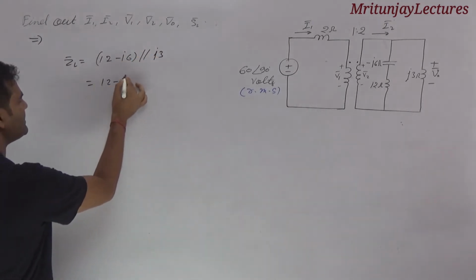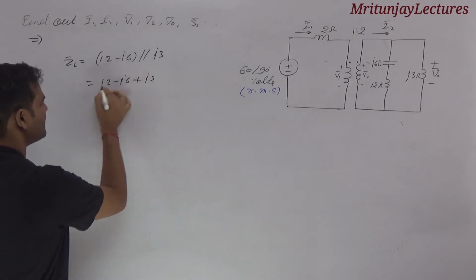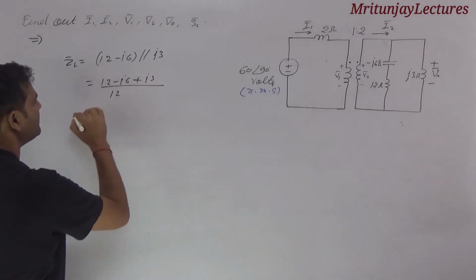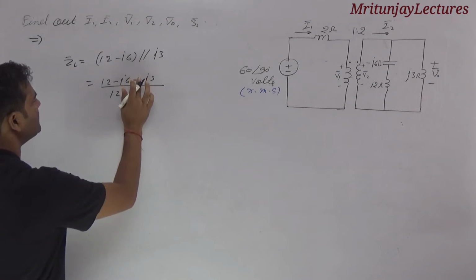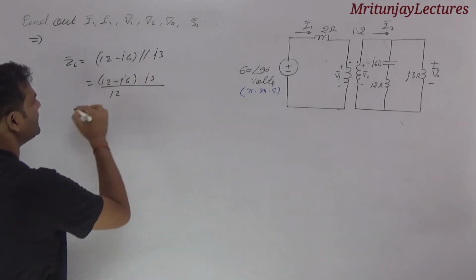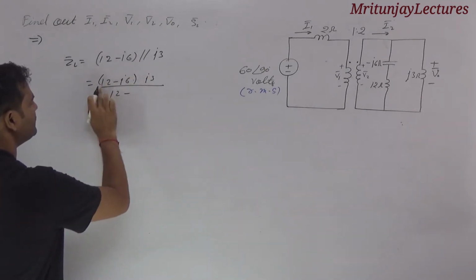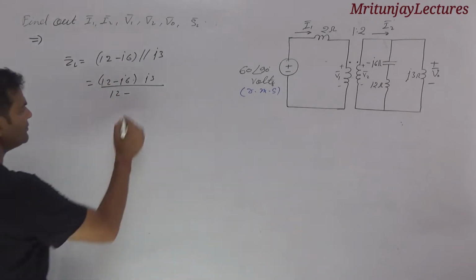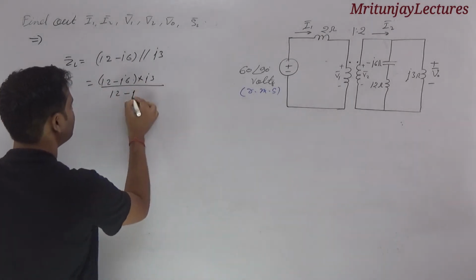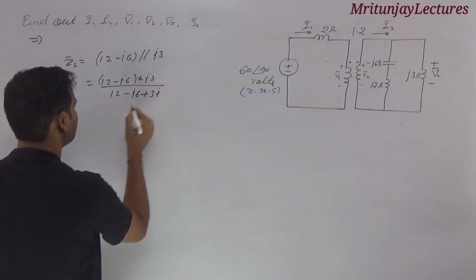So ZL is (12 minus j6) into j3 divided by (12 minus j6 plus j3).